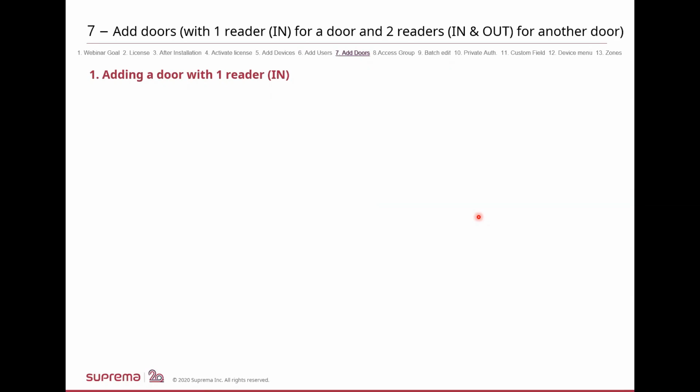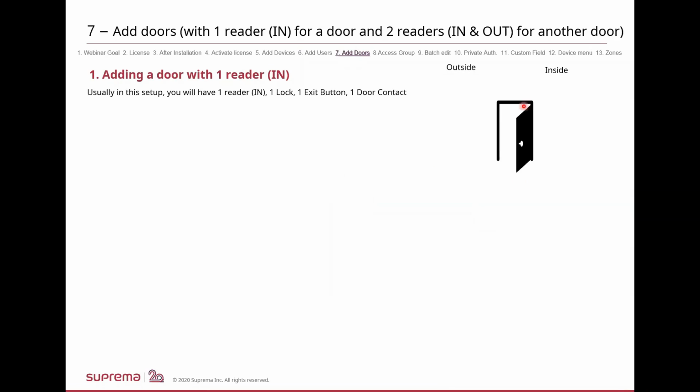We are going to explain both of them. The first case is adding a door with one reader in. Usually you have the door, the device for in, the lock, the door contact, and push to exit. This is the setup with one reader in.